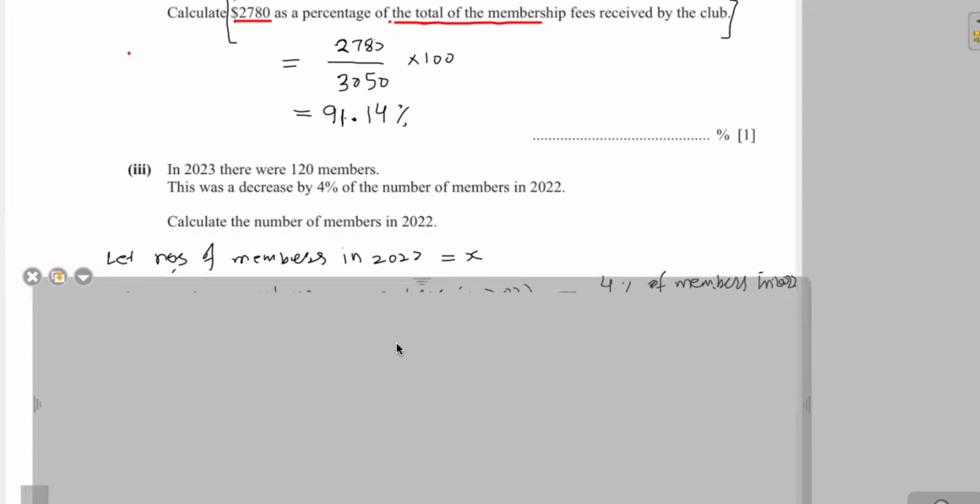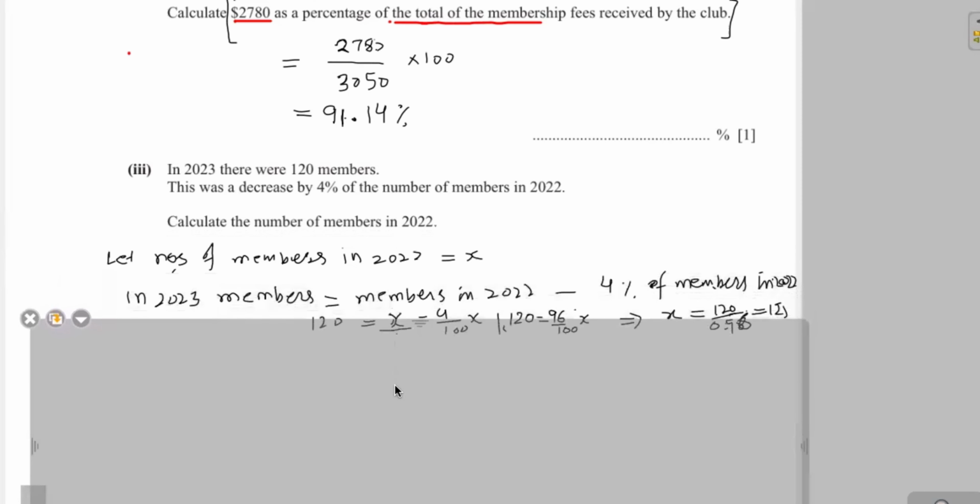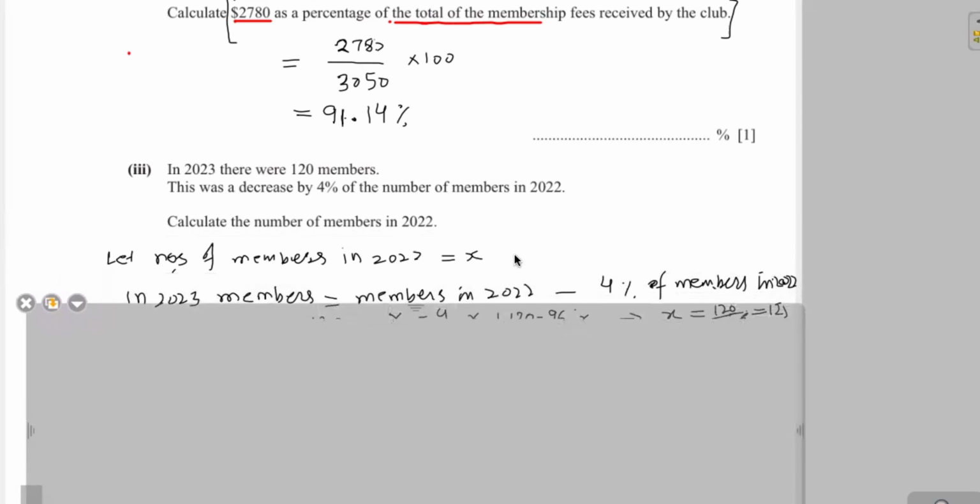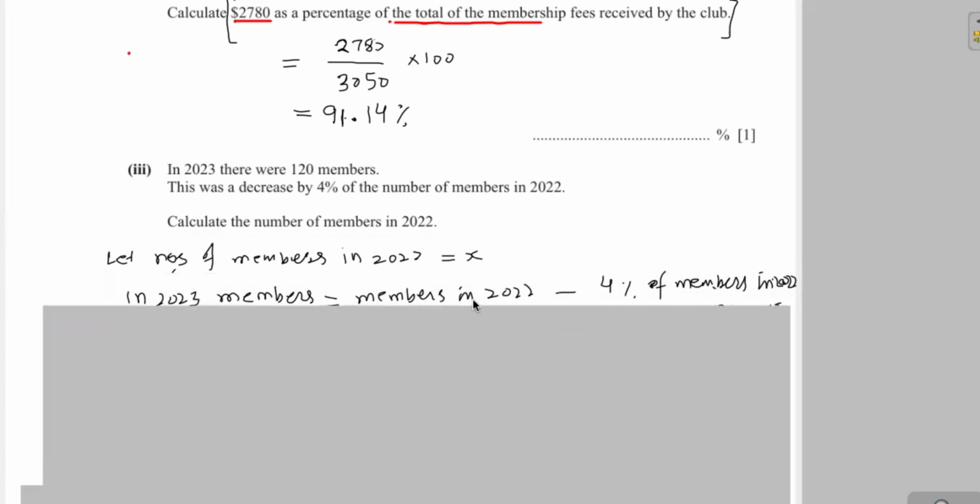Therefore, 2023 members will be equal to the number of members in 2022 minus 4% of members in 2022.